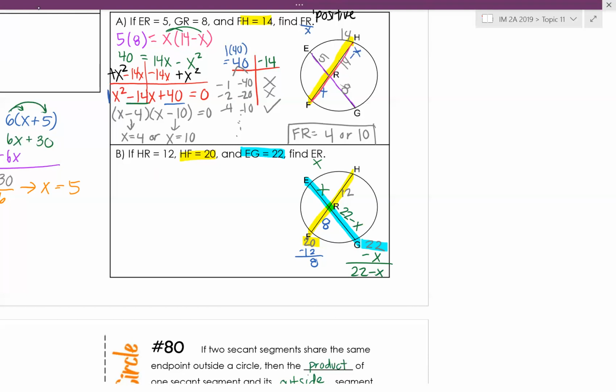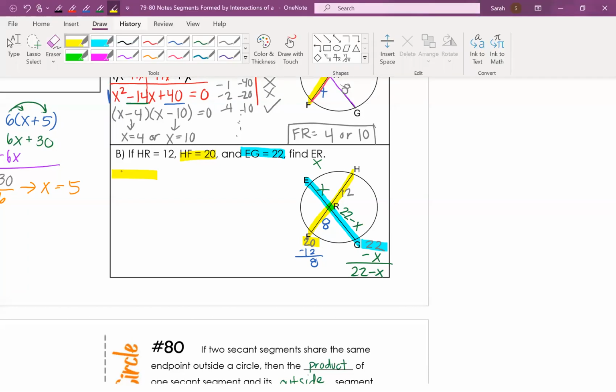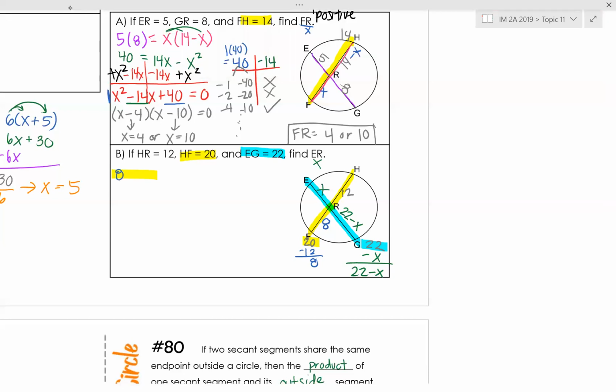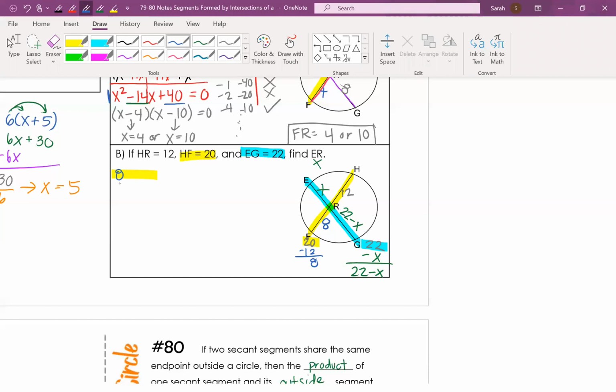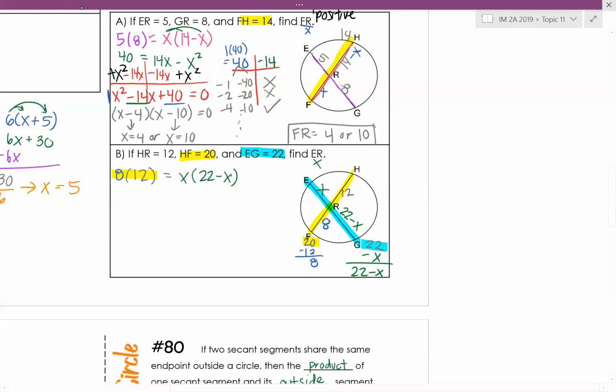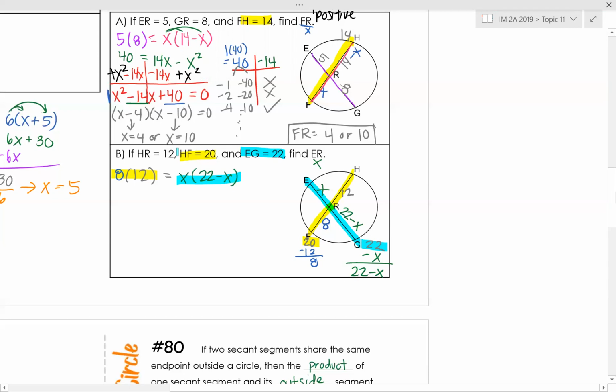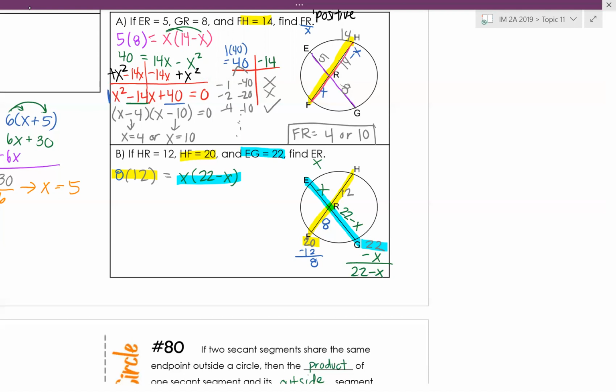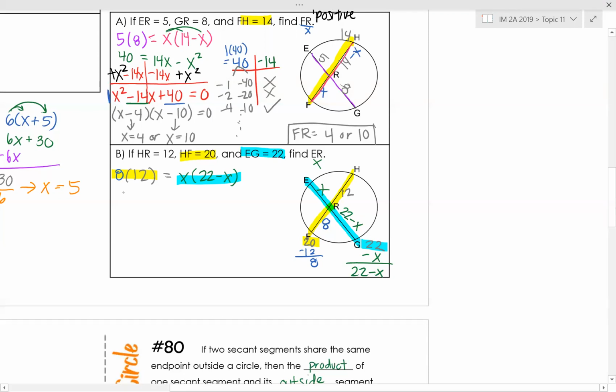Okay, so now that we know each piece of the chords, we can set up our equation to solve. So we know that 8 times 12 must be equal to X times 22 minus X. So if I multiply this through, 8 times 12 is going to give us 96. That is equal to 22x minus x squared.